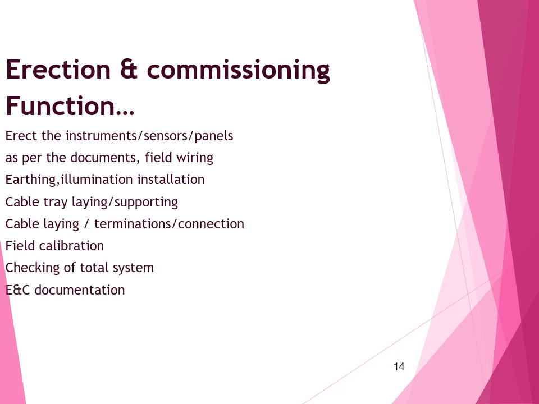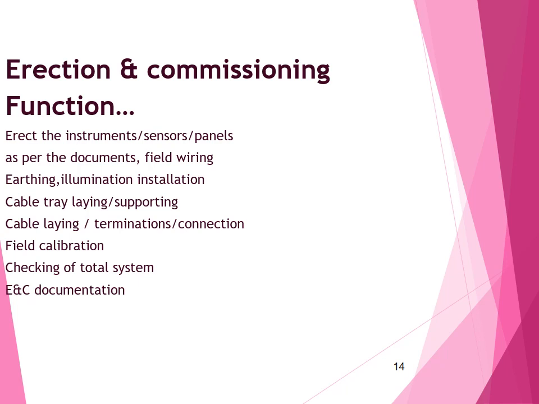This is an important area in instrumentation, that is erection and commissioning. You have to erect the instruments, sensors and panels in the plant as per the documentation provided to you. Field wiring, earthing, illumination installation to be done.